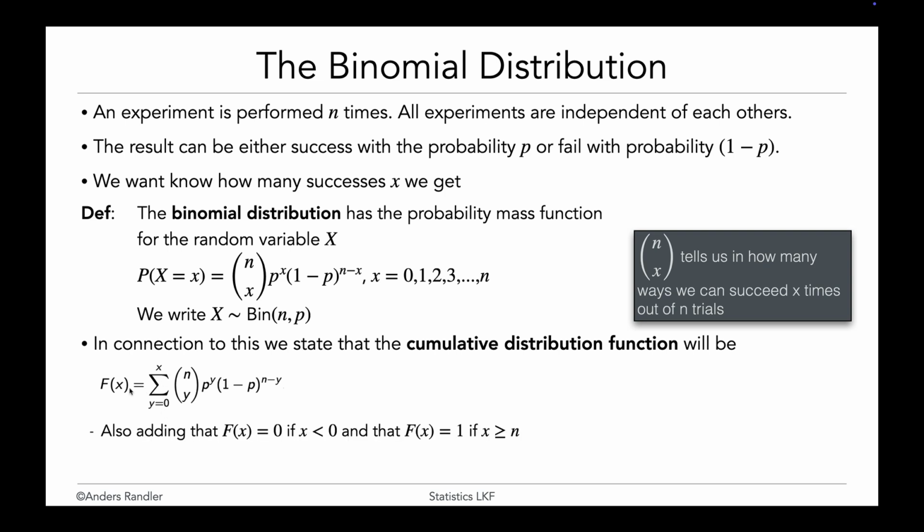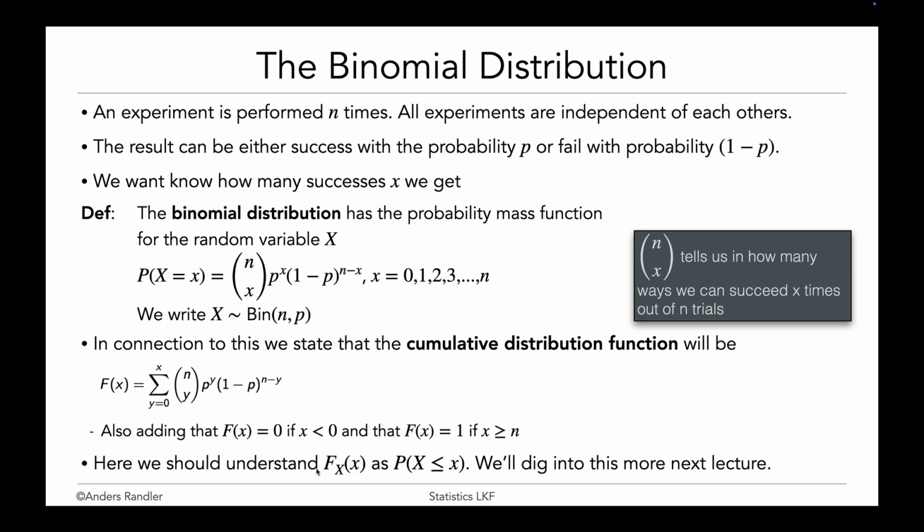And of course, this value will be 0 if x is less than 0, because you can't flip a coin minus 2 times, obviously. If x is greater than the actual number of flips, well, then the probability will be 1. When we talk about this cumulative distribution function, we're actually talking about the probability that the value of the random variable is less than or equal to x. And we will be dealing quite a bit more with this in the future. So this is not the last thing you've seen of this.